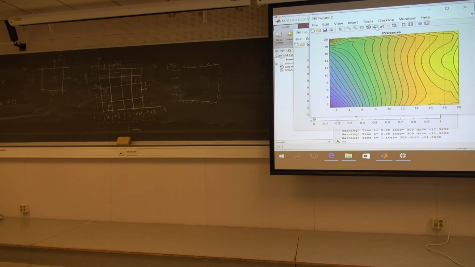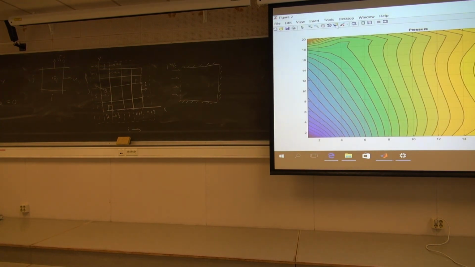But if you hit this plus button, let's see, here, and then click somewhere, you will have the pressure level. And then you can play around with it. You'll see you have a fairly high pressure here, and well, it doesn't really change much.